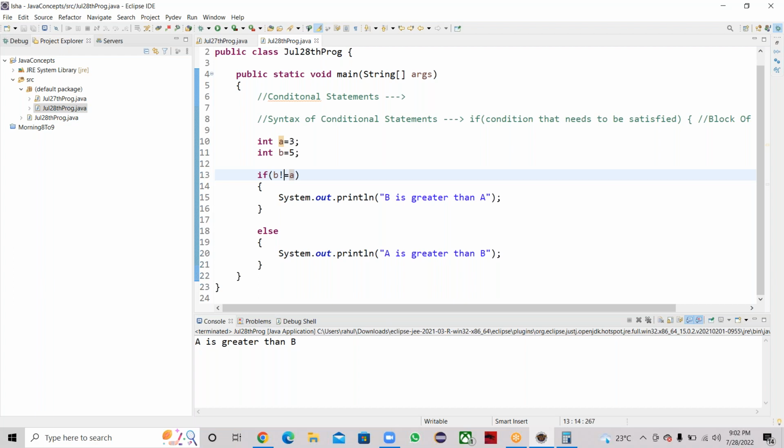Now what is the output? B is not equal to A. B is greater than A. Yes, B is greater than A. Ruchika, I want the answer from you. Iqbal, I want the answer from you three.